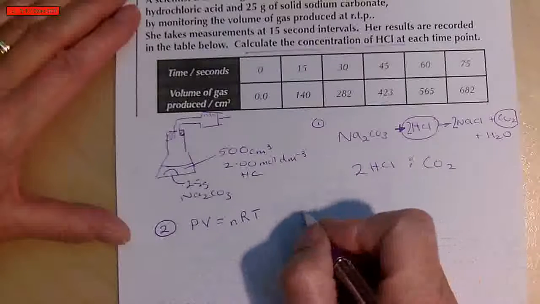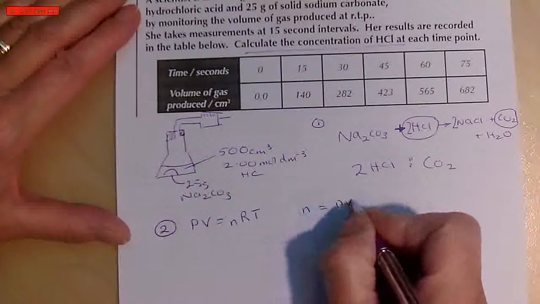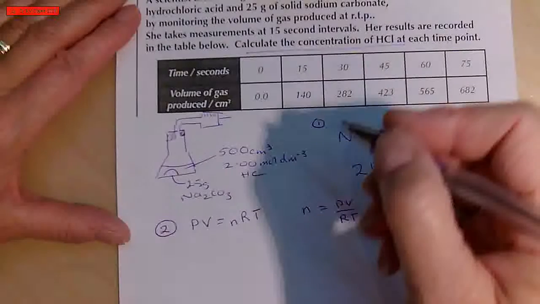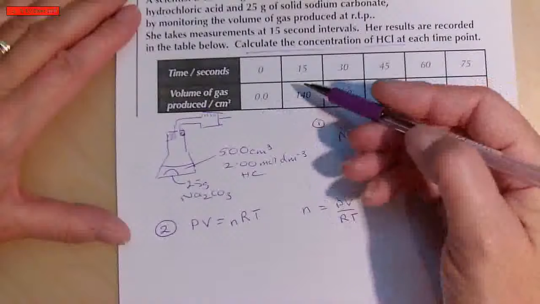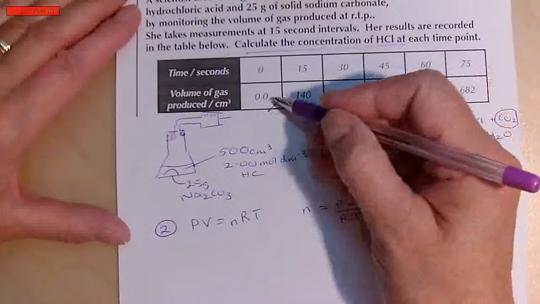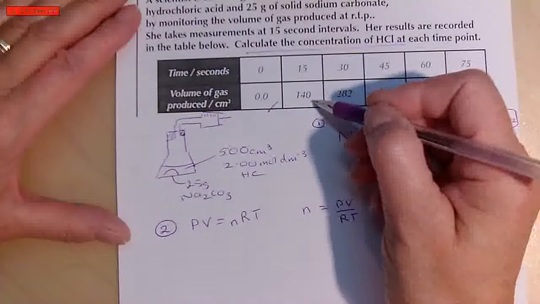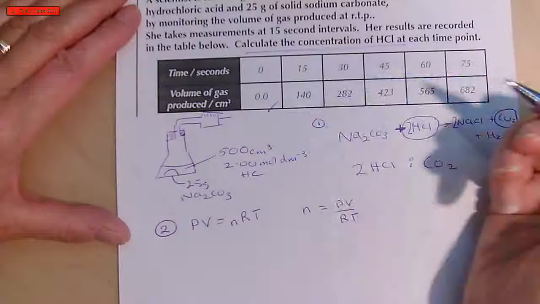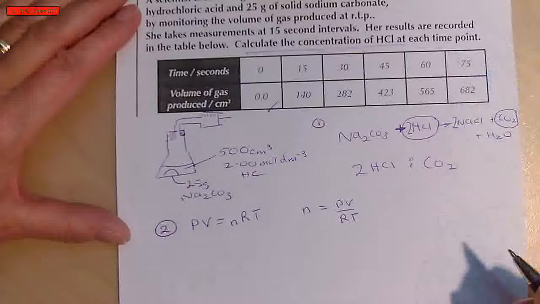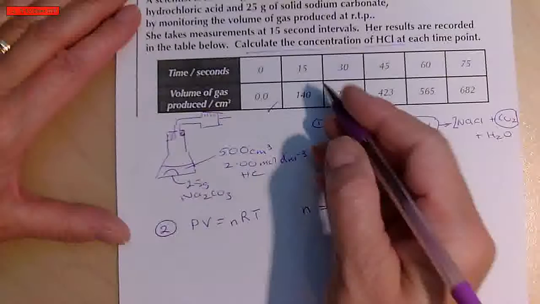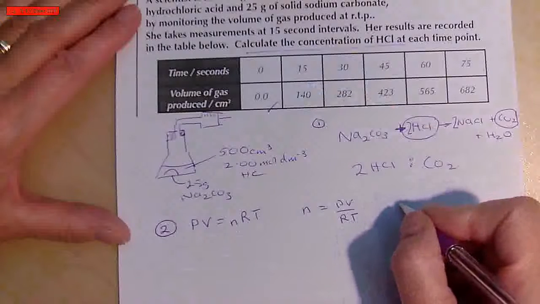I need to find the number of moles of gas, so n equals PV over RT. I've got no volume of gas at the beginning because the reaction hasn't occurred, but after 15 seconds I've got 140 centimeters cubed of gas. So I'm going to have to work out the number of moles that is.